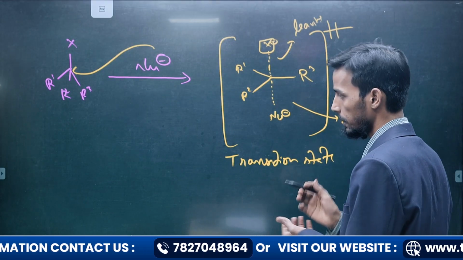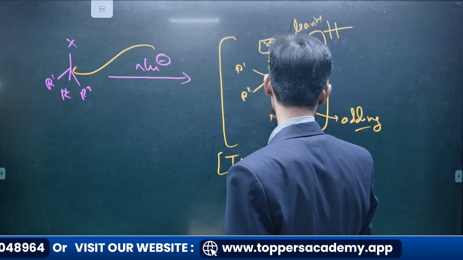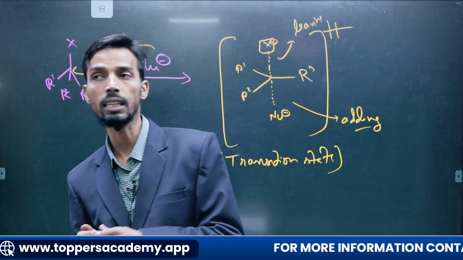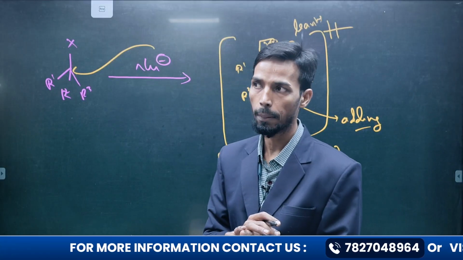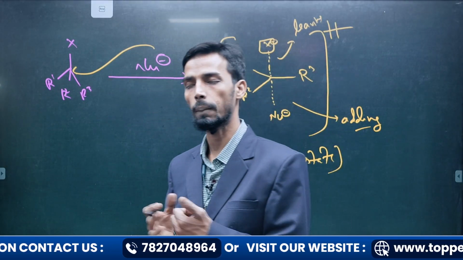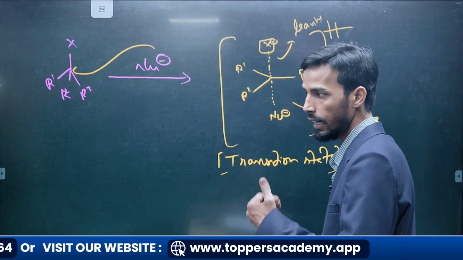We cannot isolate the transition state from the reaction. As we discussed in the SN1 reaction, we had an intermediate, and intermediates have some sort of stability, so we can isolate and detect them. But transition states cannot be taken out from the reactions.